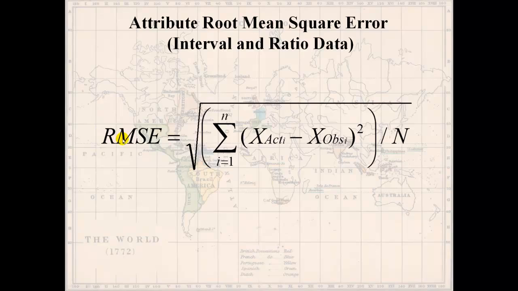That gives you the root mean square error. Squaring these errors allows you to take into account the fact that some errors are positive and some errors are negative. They would cancel each other out if you didn't square them first. So you square them first and take the square root. That gives you a better measure of what the error is about.